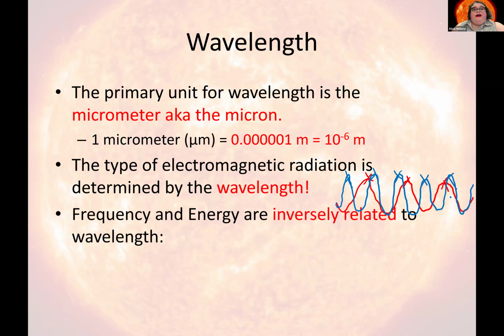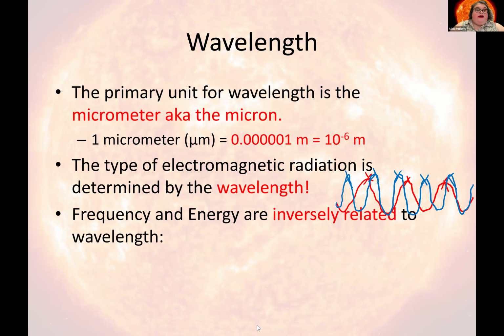This is what is called frequency. The frequency is inversely related to the wavelength. The shorter the wavelength, the more peaks you're going to have. The shorter the wavelength, the higher the frequency. And each one of these peaks represents energy. So the shorter the wavelength, the higher the frequency, and the higher the energy.